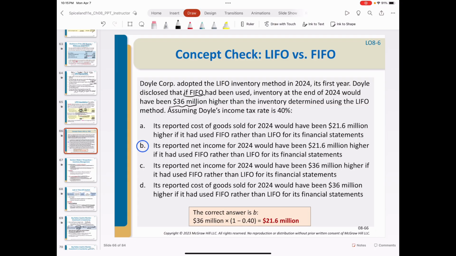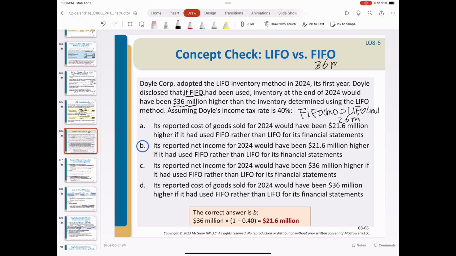In this example, FIFO was used. FIFO inventory is greater than LIFO inventory. The difference is $36 million. At the same time, we know LIFO will result in greater cost of goods sold than FIFO.